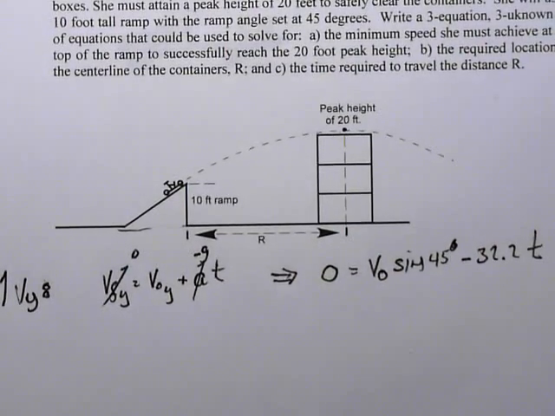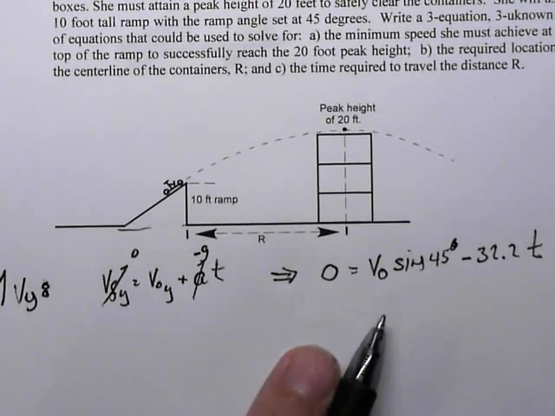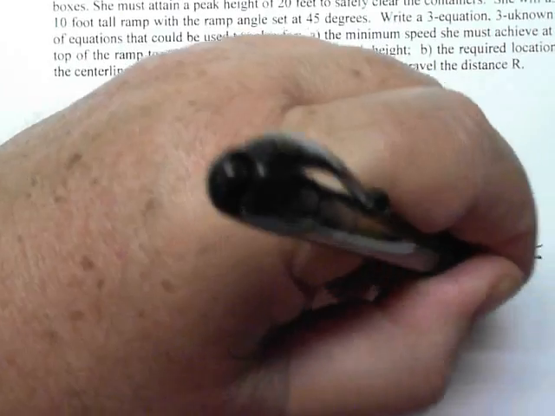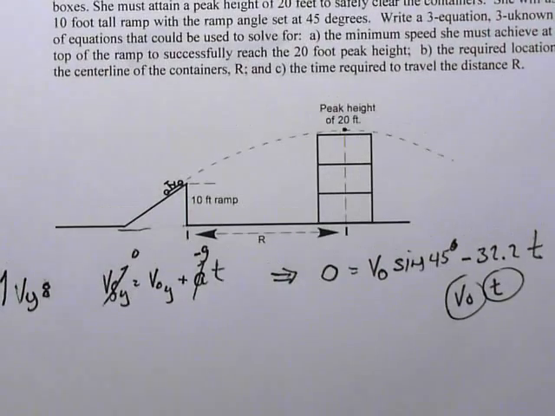And that's one equation, but it has two unknowns in it. It has V0 and time. They're both unknowns, and so we have one equation, two unknowns.